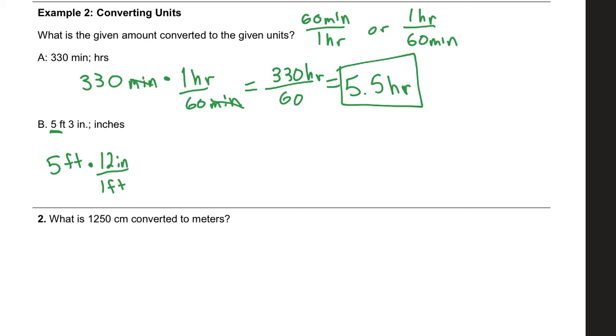Feet on the top, feet on the bottom. These units essentially eliminate, and I do 5 times 12 divided by 1, which is really just 60. Okay? Sorry, not 60 feet. 60 inches. So really my answer to this, in the end, is 63 inches.